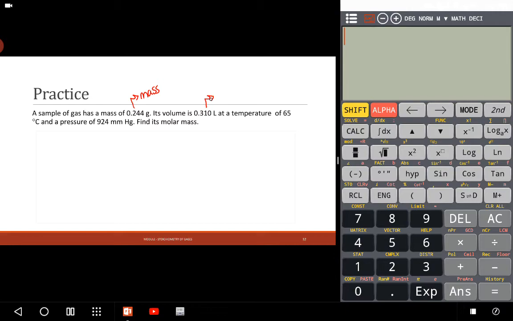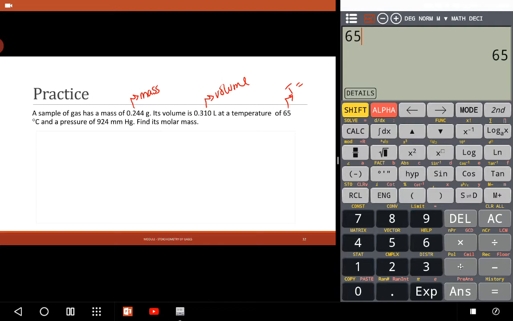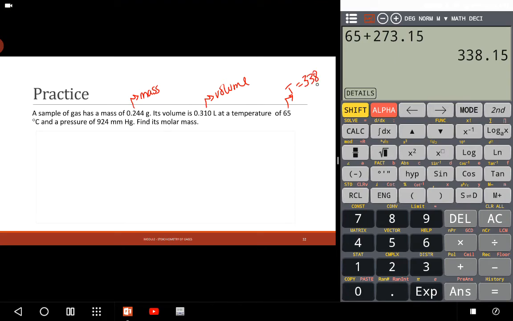This is my volume. And this is my temperature. I'm going to go ahead and convert that into Kelvin, and so it's 338.15 Kelvin. And then this is millimeters of mercury. Find its molar mass.